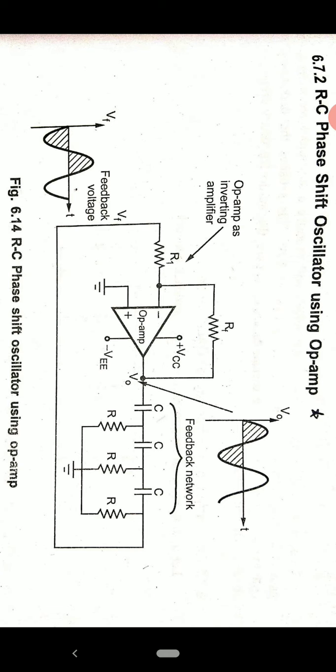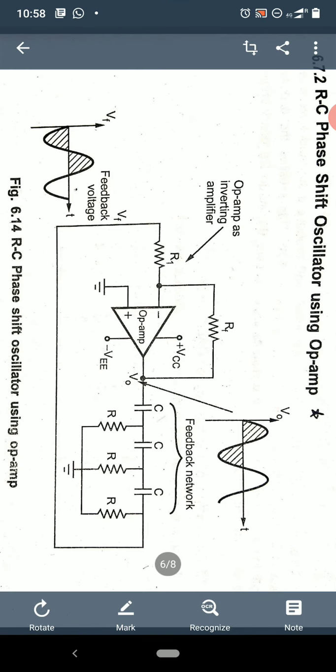In the amplifier stage, the op-amp is used in inverting mode, because the supply is given to the negative terminal, and the positive terminal is made ground.